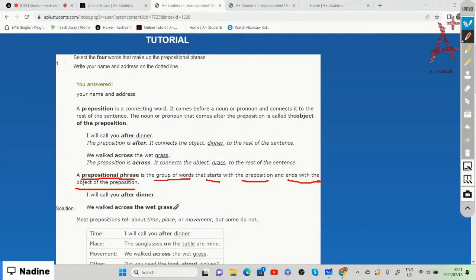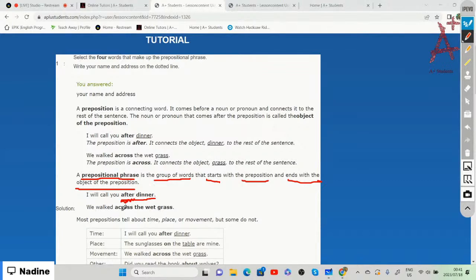For example, I will call you after dinner. Here it starts with the preposition, which is after, and it ends with the object, which is dinner. The same year, we walked across the wet grass.